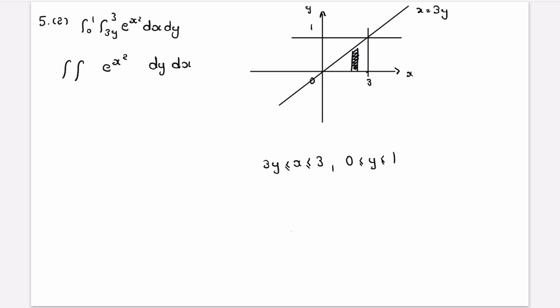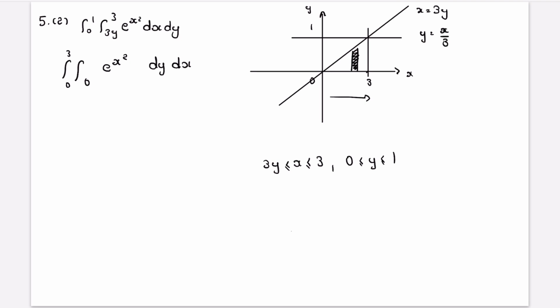So first thing, we need to determine x's range. x is from 0 to 3, and then y is from 0 to x by 3, right? So let's change y equal to x by 3.